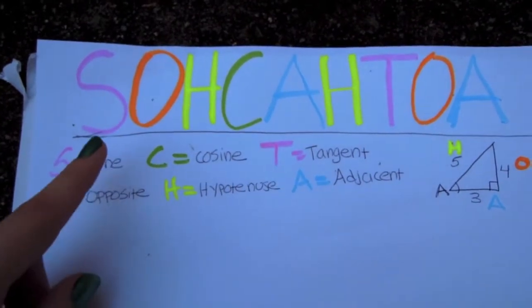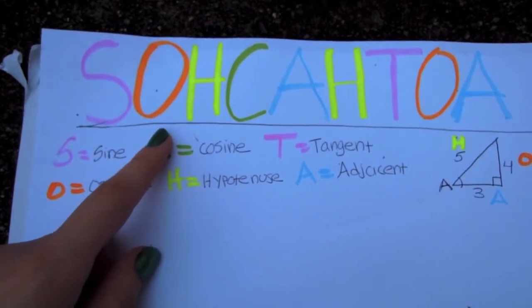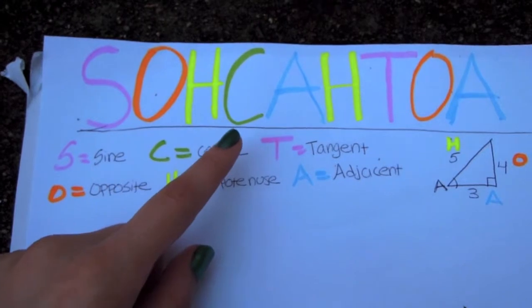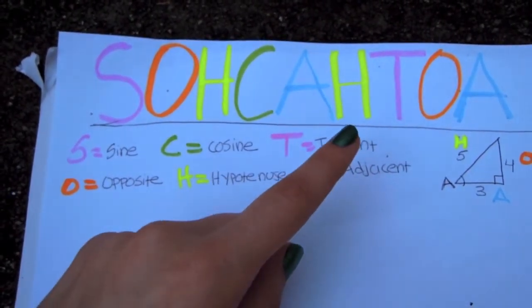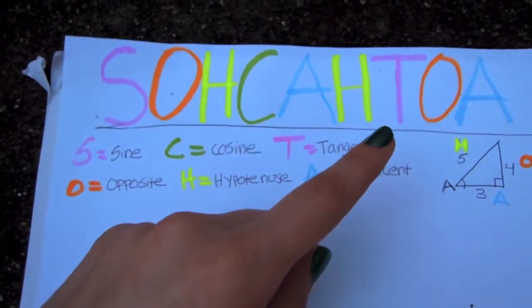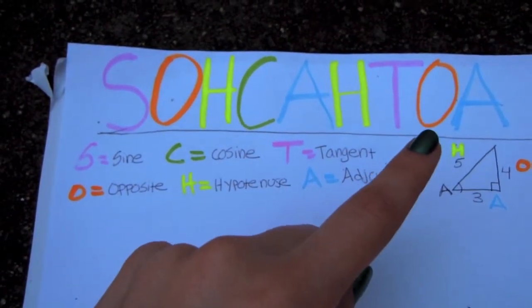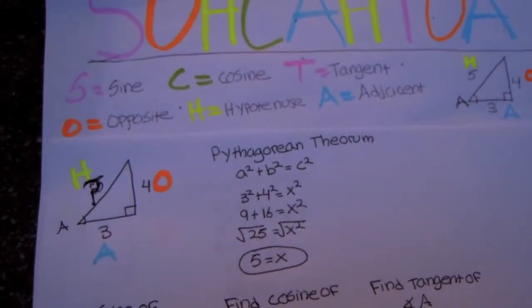To find the sine of an angle, you put the side length opposite the indicated angle over the length of the hypotenuse. To find the cosine, you put the length of the side adjacent to the angle over the hypotenuse. And to find the tangent, you put the length of the side opposite the angle over the length of the side adjacent to it. Let's try some examples.